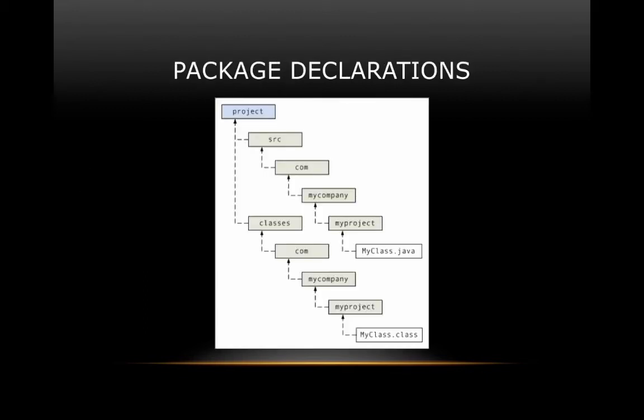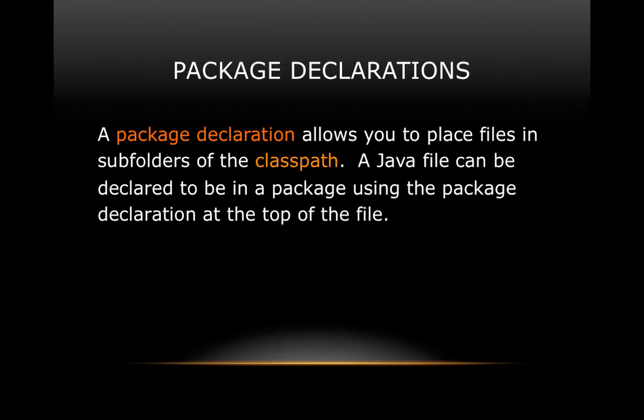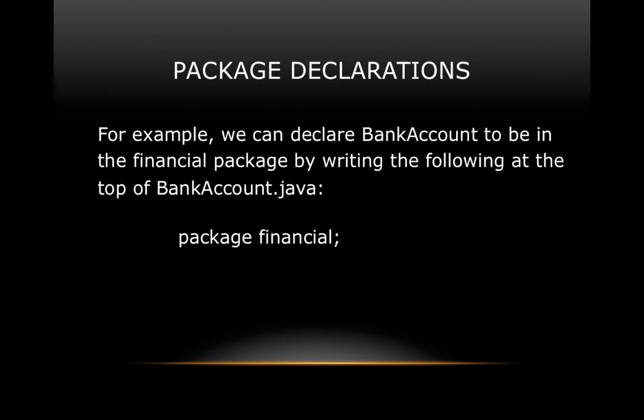Package declarations. A package declaration allows you to place files in subfolders of the class path. A Java file can be declared to be in a package using the package declaration at the top of the file. For example, we can declare bank account to be in the financial package by writing the following at the top of bankaccount.java.